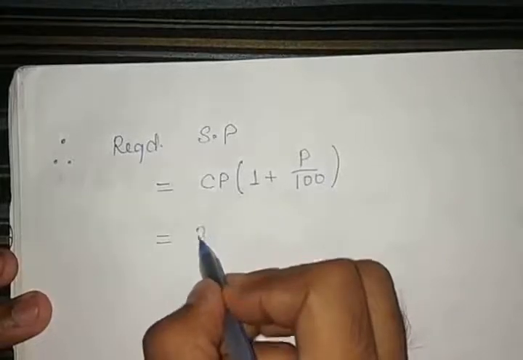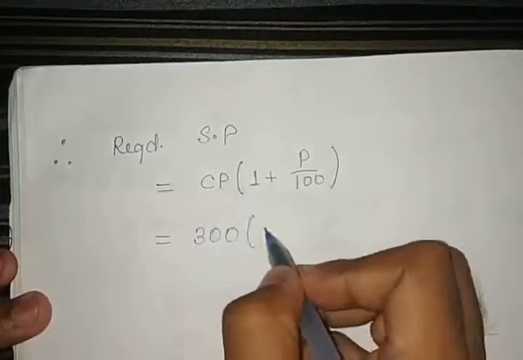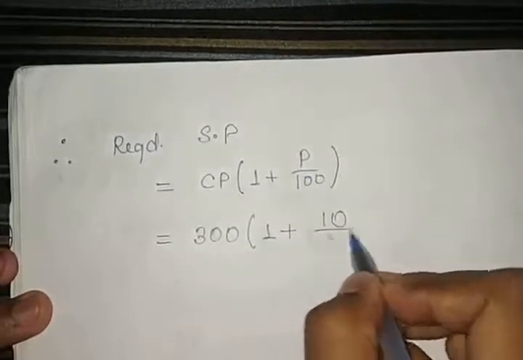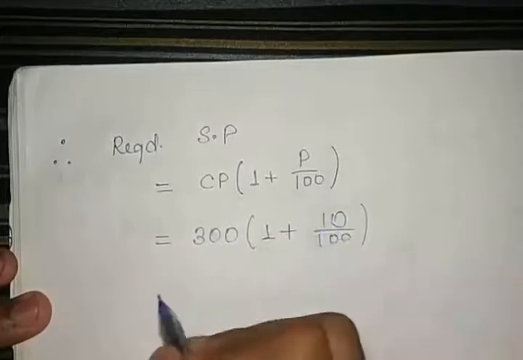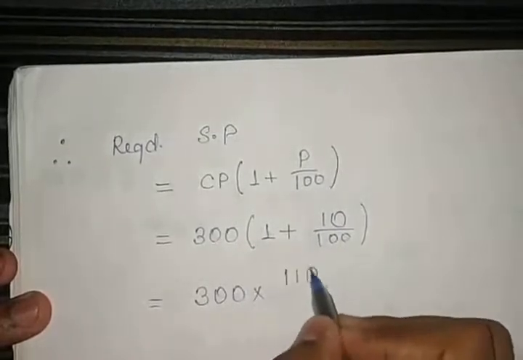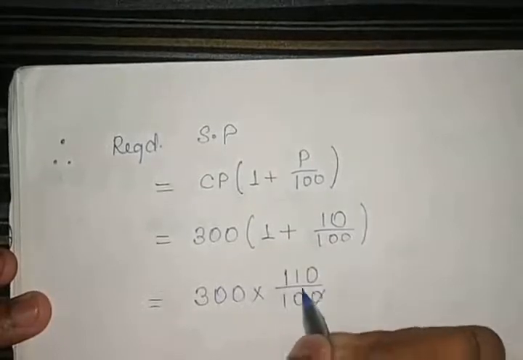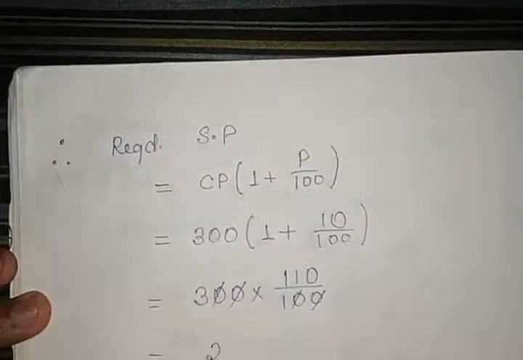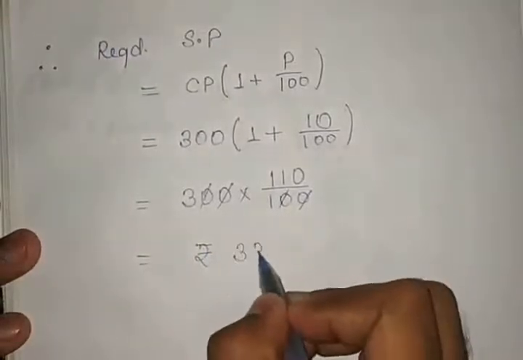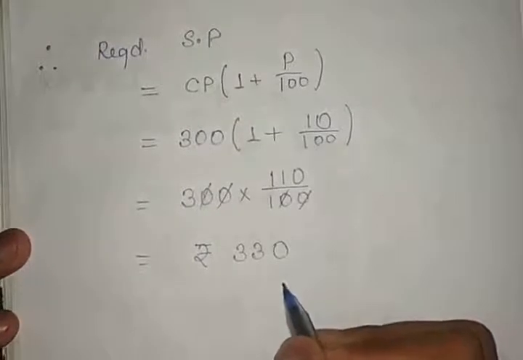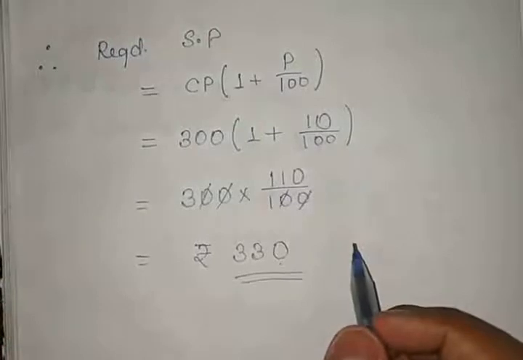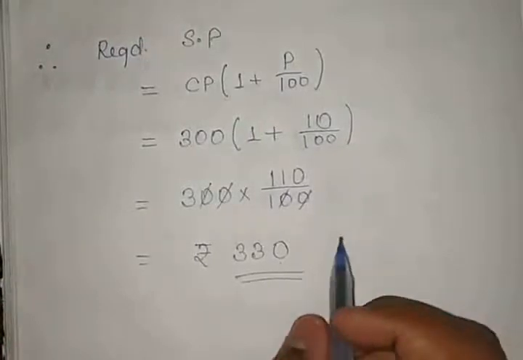The cost price that we got is 300. This will be 1 plus 10 by 100, as he wants 10% profit. Let's solve this. 300 into 110 by 100 gives 330. He should sell the article at rupees 330 in order to gain a profit of 10%.